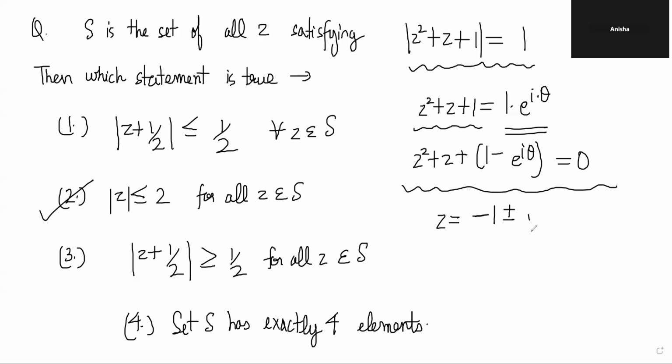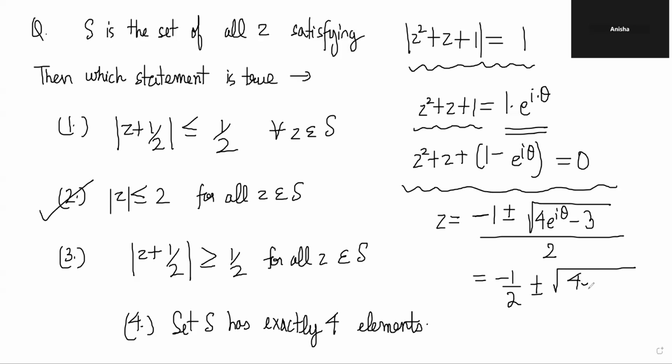plus minus root over 1 minus 4 times this. So 1 minus 4 plus 4 e power i theta, which is 4 e power i theta minus 3, and you can see there is a -1 by 2 here. So you can get z plus half is equal to plus minus this thing.